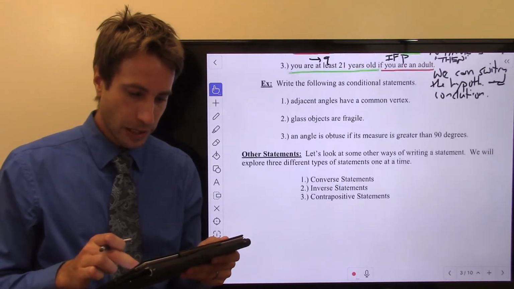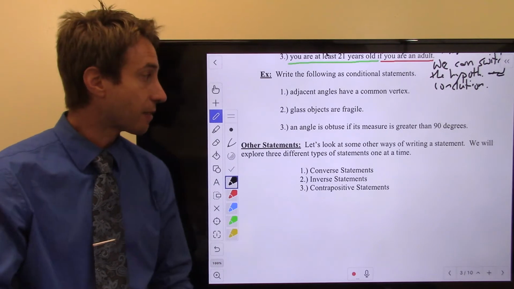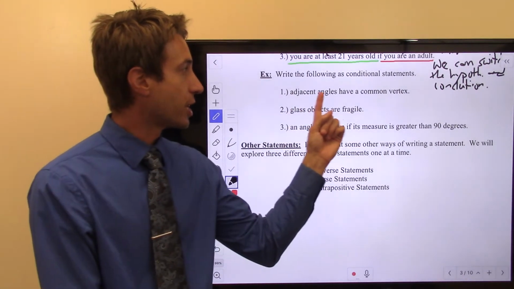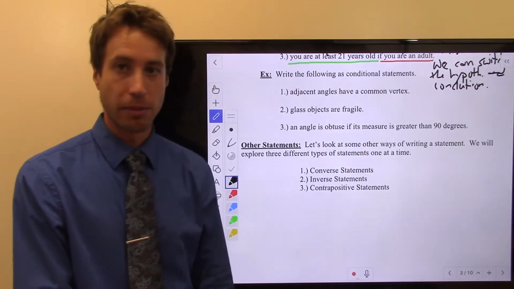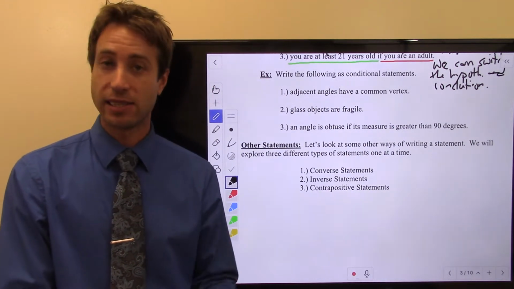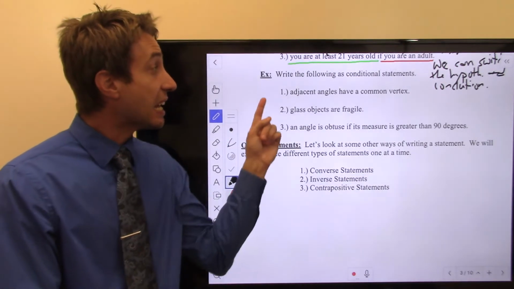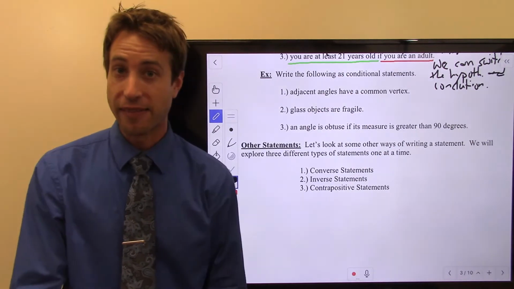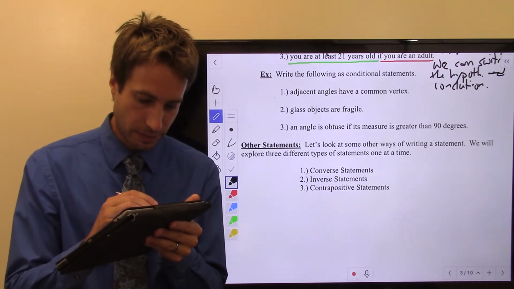Okay, here we go. I just want you to write the following as conditional statements if it's possible. Adjacent angles have a common vertex. Okay, so if you have adjacent angles, then they will have a common vertex.